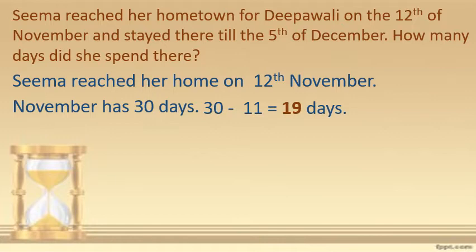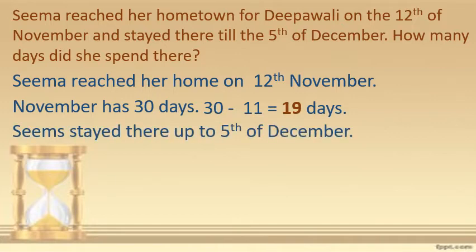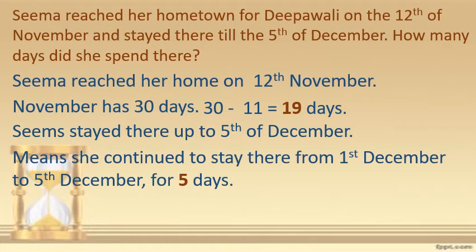And next what is given? Seema stayed there up to 5th of December. The next month is December. There also she spent 5 days of December at her home. So here we have to add these 5 days, isn't it? Means she continued to stay there from 1st December to 5th December, that is for 5 days.